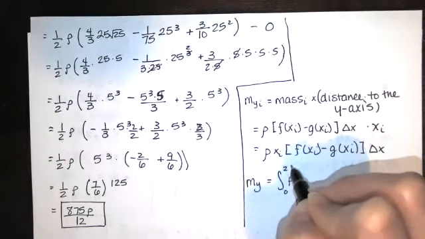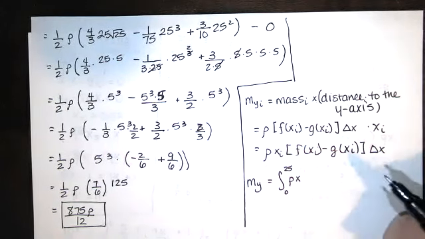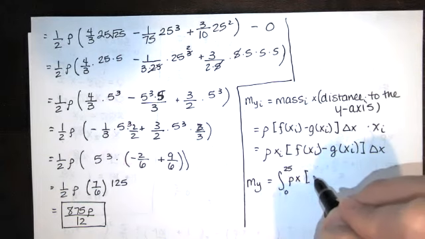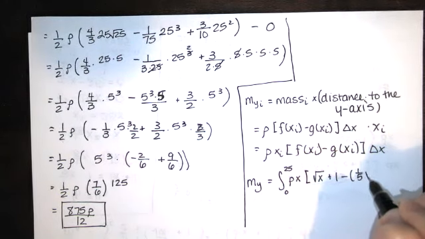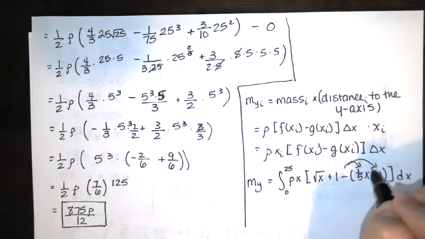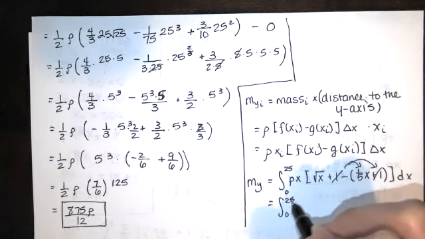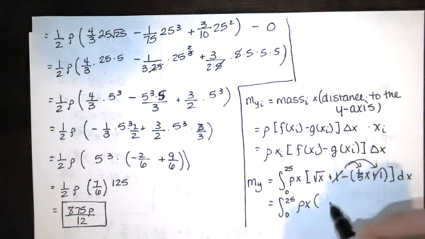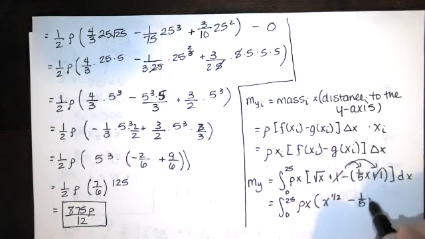We're still going to integrate from 0 to 25. That's our range of x values. Then we'll have an x there, and then the top function is the square root of x plus 1, and the bottom function is 1/5 x plus 1. So if we distribute that negative again, the 1's are going to reduce, and we'll have the integral from 0 to 25 of rho times x times the square root of x, which is x to the 1/2, minus 1/5 x.